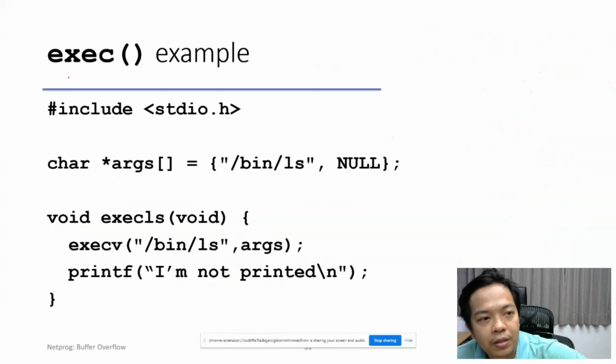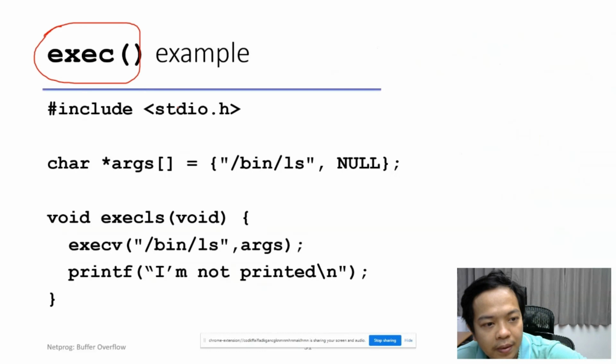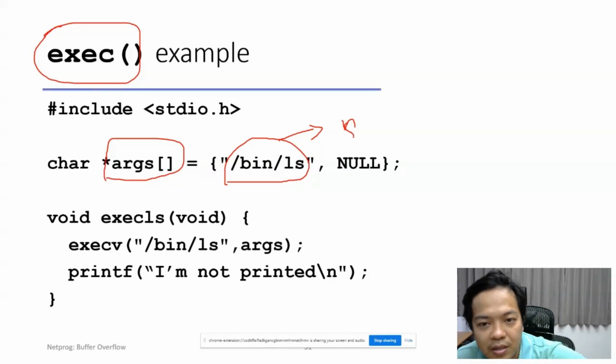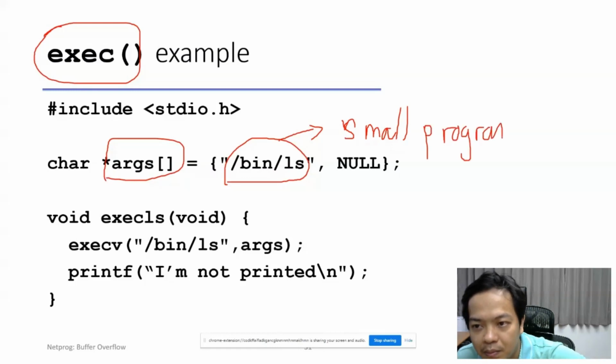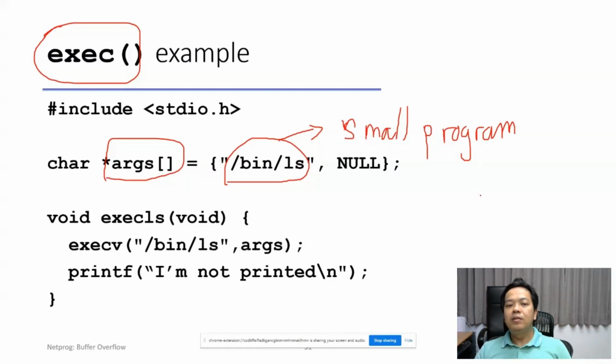Here is how it works. You see this example, they input this argument, and you see this small program. Do you know what information this program will show?